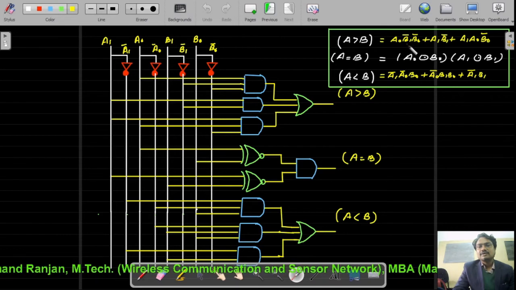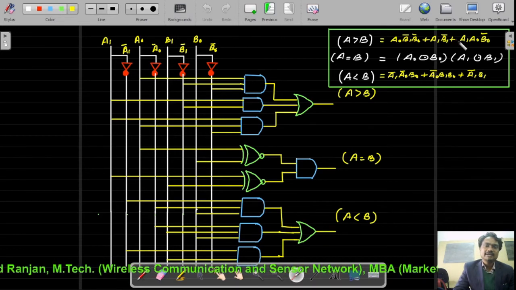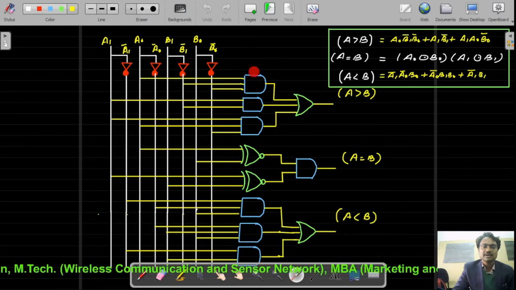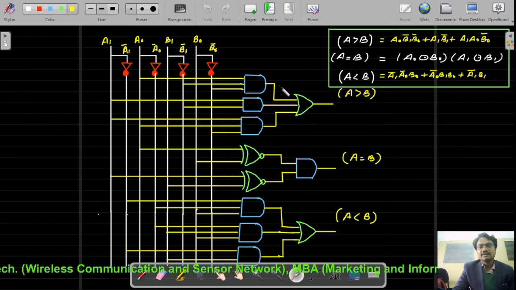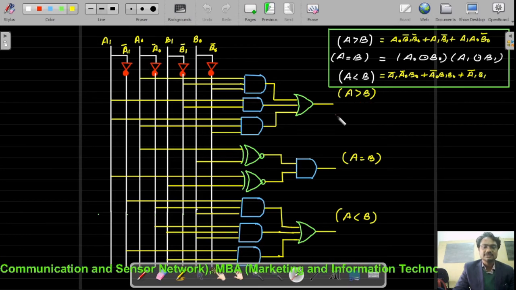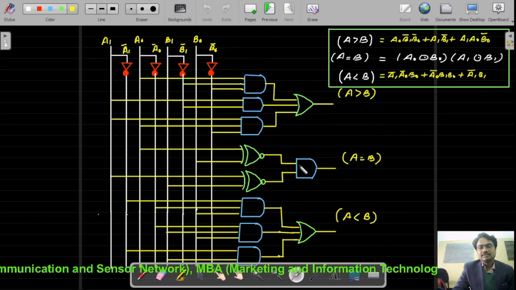So with the help of AND-OR logic, we can implement it. In the first layer, we have the product terms, which are implemented using AND logic, and the final OR gate takes all the outputs of those AND gates to implement the final expression. In this way, we implement our 2-bit magnitude comparator.